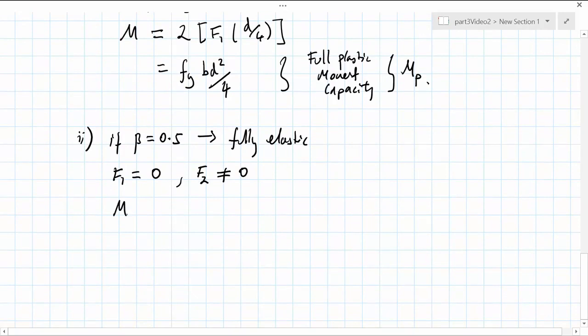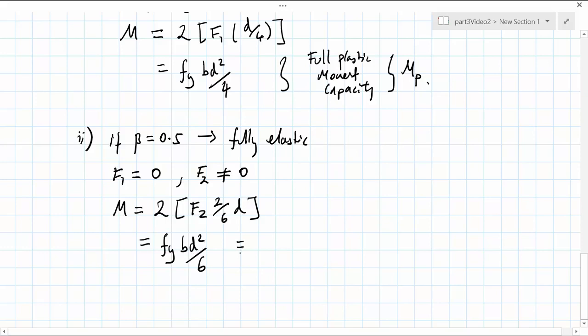The bending moment in this case then is given by 2 times F2 times by 2/6 times by d, which is equal to the yield stress times by bd squared over 6. And we sometimes call this the yield moment, or My.